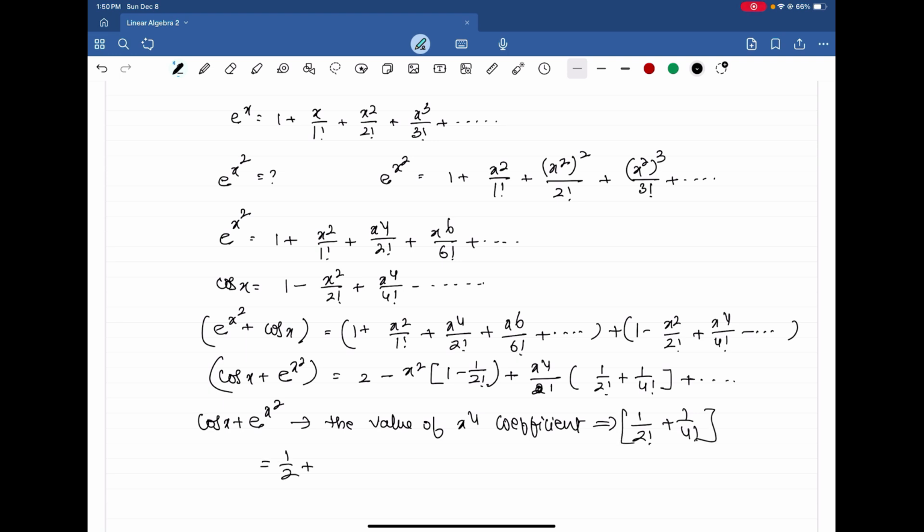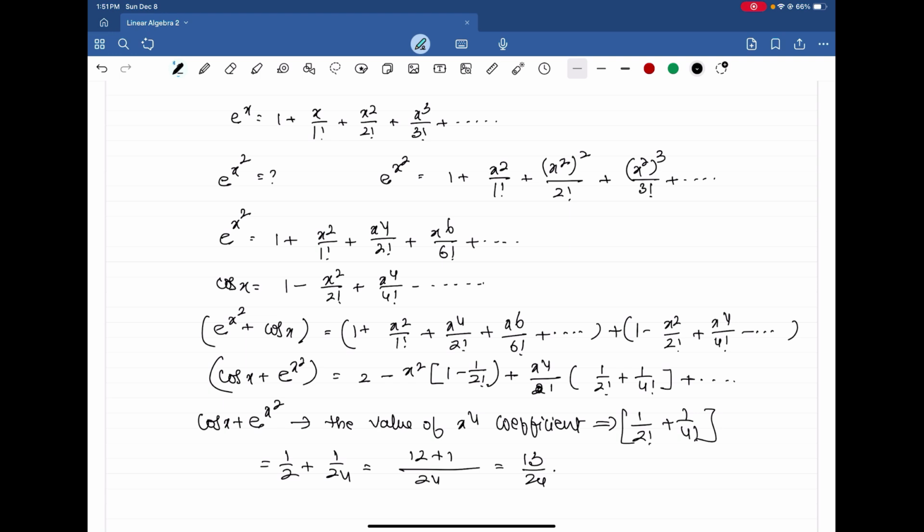That is 1 by 2 plus 1 by 24, which is 12 plus 1, 13 by 24. This way we can find out the coefficients of a particular power from the Taylor expansion, the Taylor polynomial.